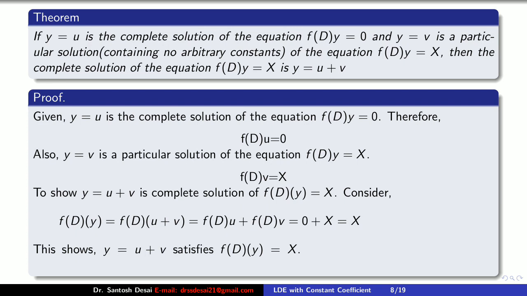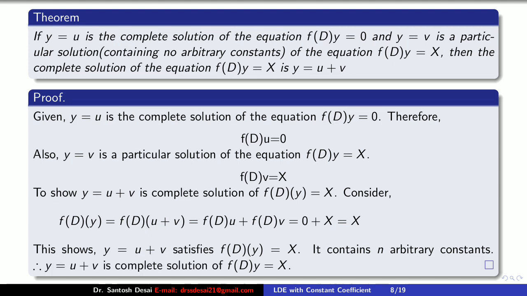Here we claim that y equal to u plus v contains n arbitrary constants, because u is a complete solution and contains n arbitrary constants, and v is a particular solution which is free from arbitrary constants, and therefore u plus v also contains n arbitrary constants. Hence y equal to u plus v is the complete solution of f of D of y is equal to X.